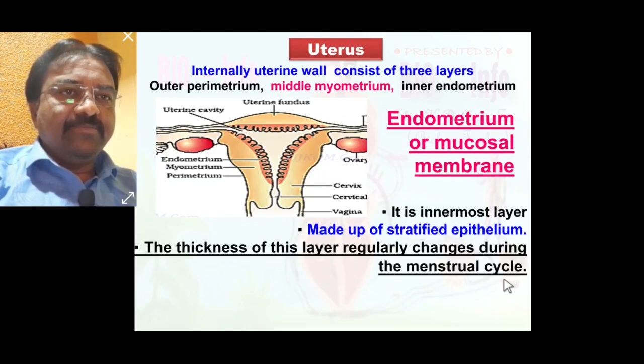This is the most important layer of the uterus, because in each menstrual cycle the endometrium breaks up or degenerates, and a repair occurs in each menstrual cycle also. So the thickness of the endometrium layer regularly changes during the menstrual cycle.